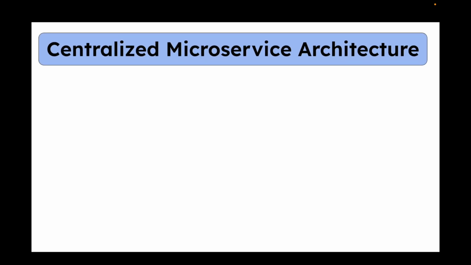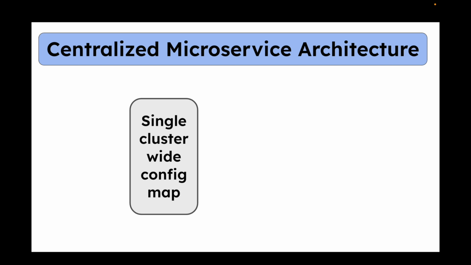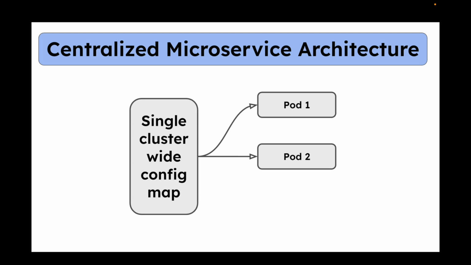Second is centralized microservices architecture. So large apps often need to share globally common parameters like central tracing endpoints or CDN domain paths. They store this in a single cluster-wide shared config map, allowing dozens of independent microservice pods to pull from the exact same configurations. The third is hot reloading without system failures.